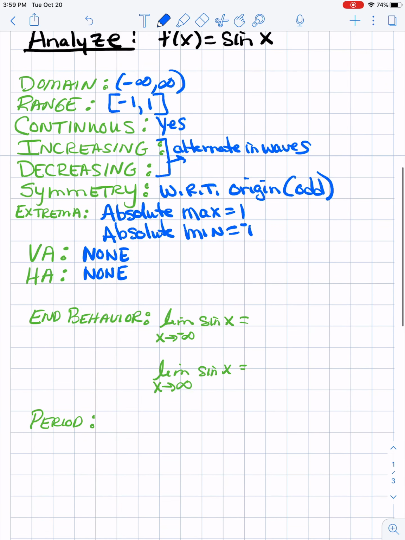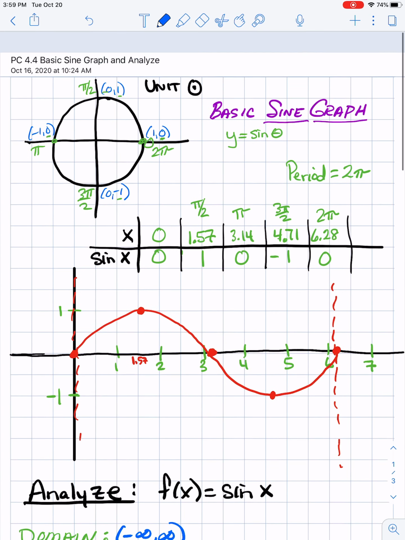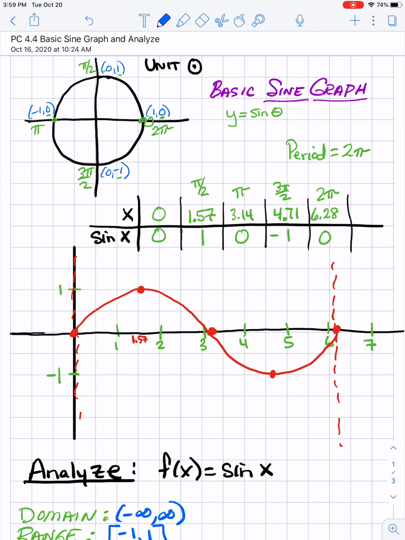In fact, for end behavior limits, we don't have end behavior. We just say these two don't exist. And then lastly, the period of the sine graph is going to be 2 pi. So again, this is just the real basic unwrapping of the unit circle to get your standard sine graph. Thank you.